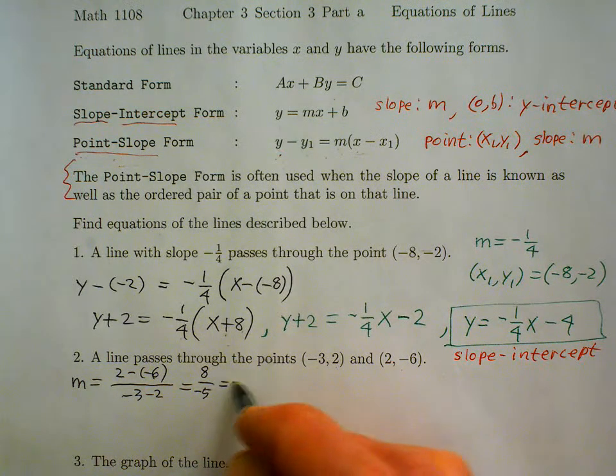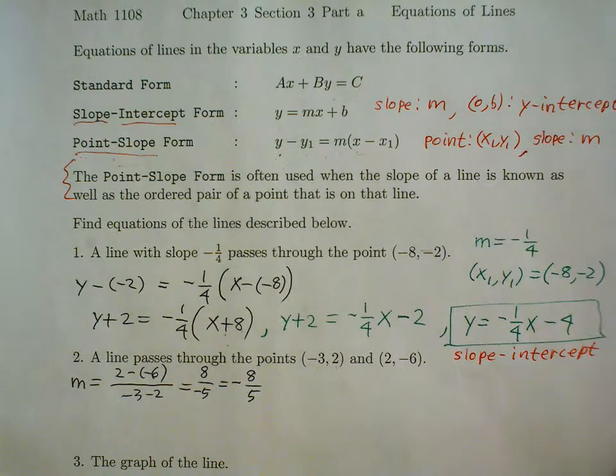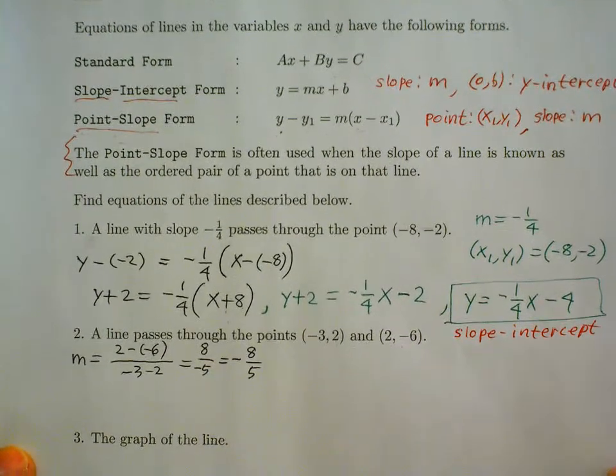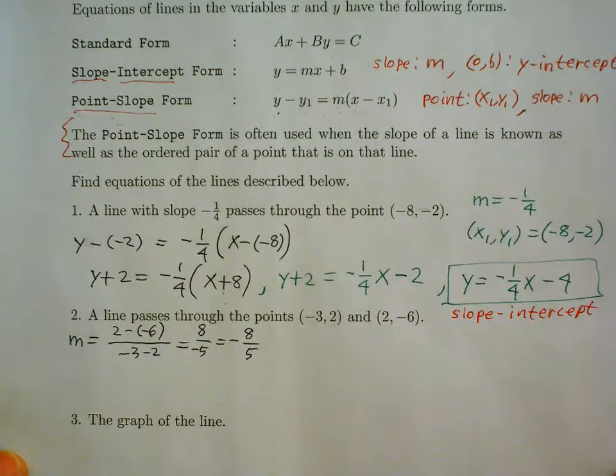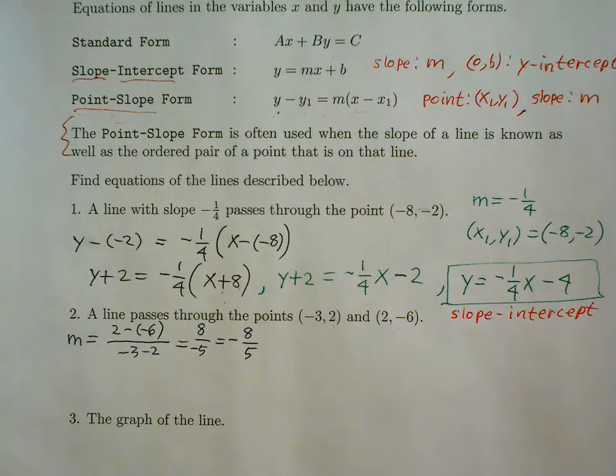So the slope is -8/5. Okay, we have 2 options on how to proceed. We can use either of the 2 ordered pairs as our x1, y1. It doesn't matter which one you pick.